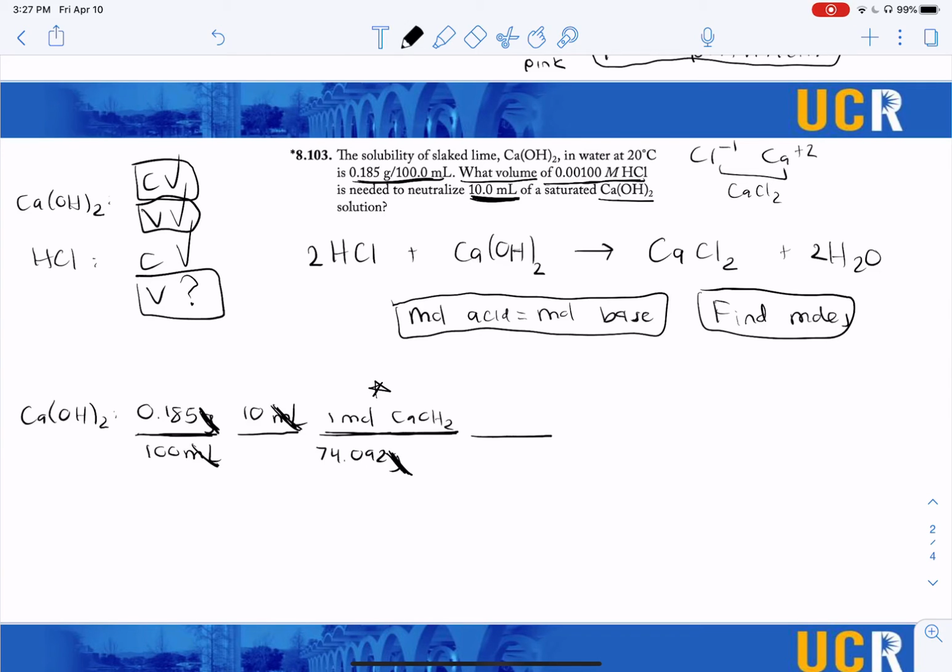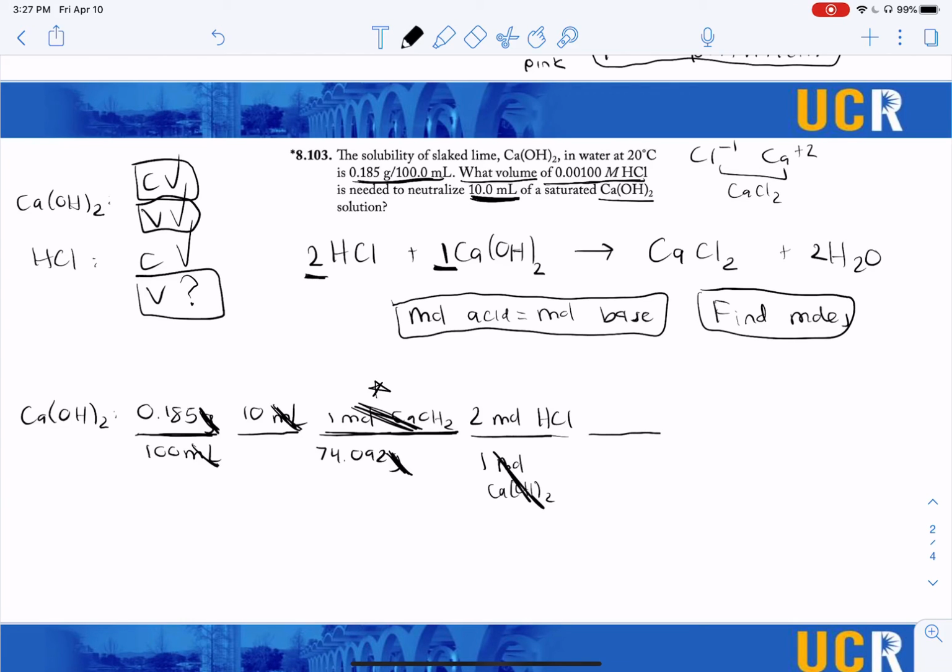Right? So we can use the coefficients up top to determine the ratio. So if we have 1 mole of Ca(OH)2 right here, we have 2 moles of HCl. So if I want to cancel that out, I would put 1 mole Ca(OH)2 on the bottom, and then 2 moles of HCl. And now those cancel out, and we have moles of HCl.